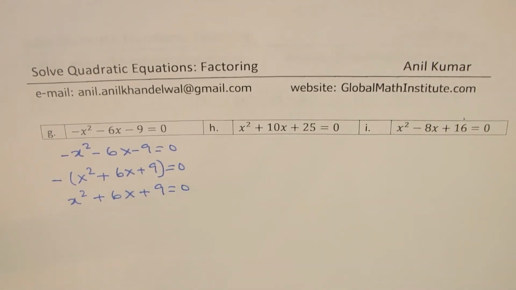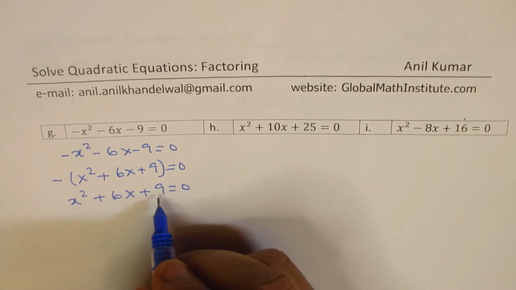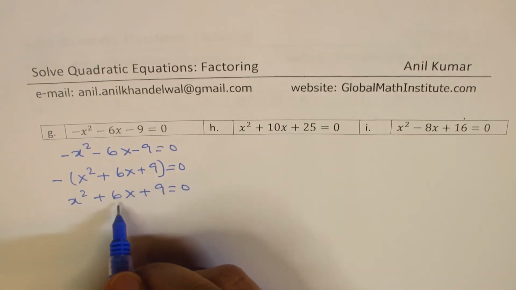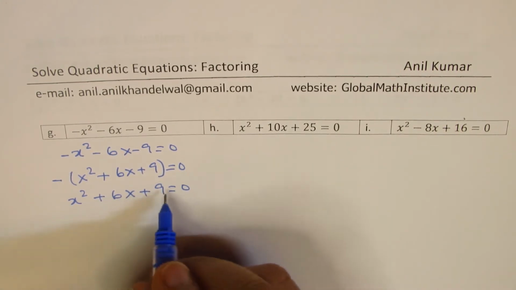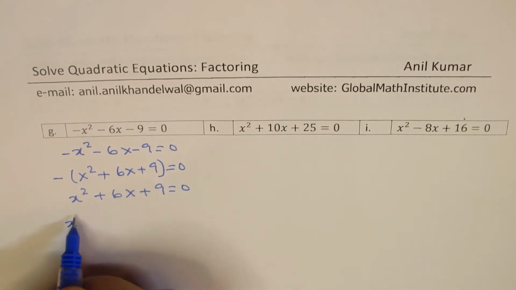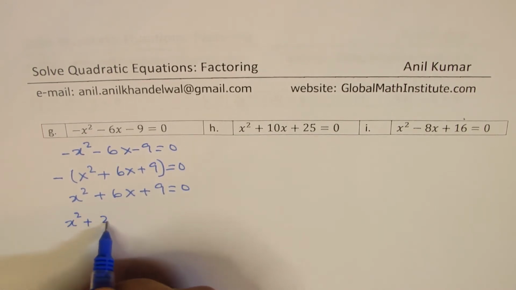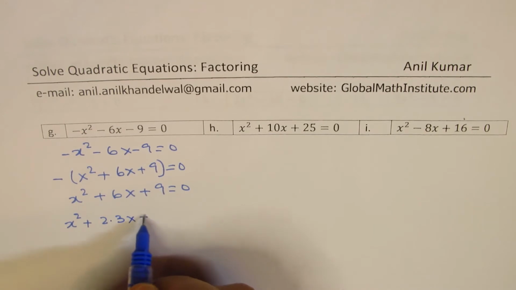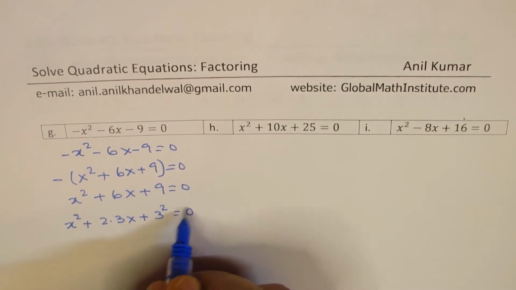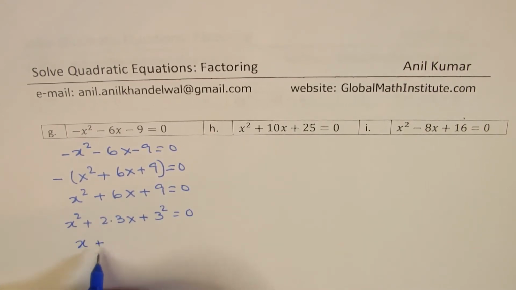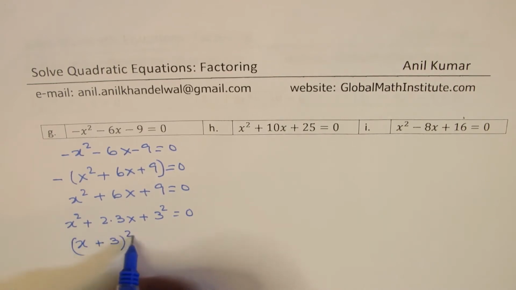Now here also you observe that 9 is a square of 3, and the center term is 2 times 3, right? So this is a perfect square, written in this form, correct? So you could factor this as x plus 3 whole square.